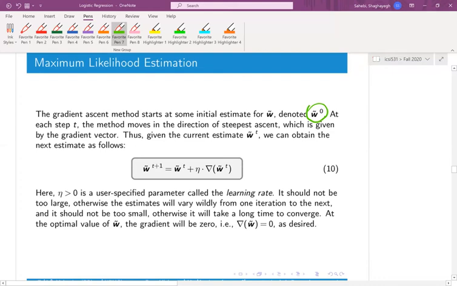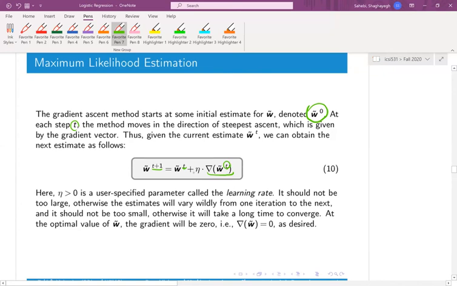And at each step, we move in the direction of gradient or the steepest ascent. So at each step, at each time t plus 1, we set the W for t plus 1 to be equal to the W for t, so the previous step, plus the gradient of our function at the previous step.